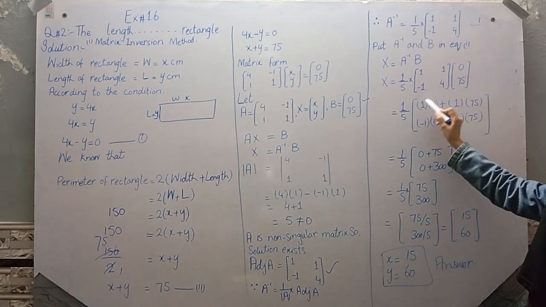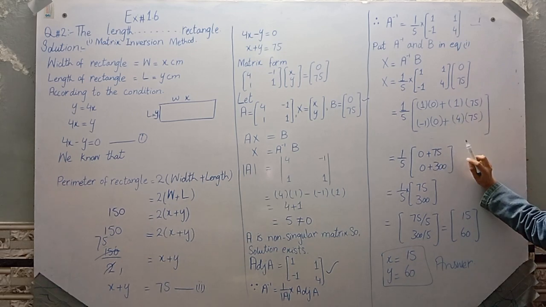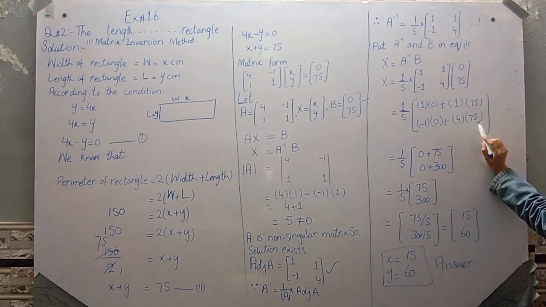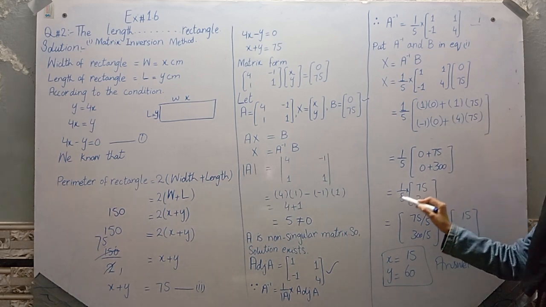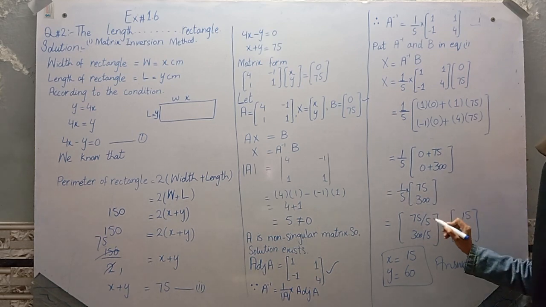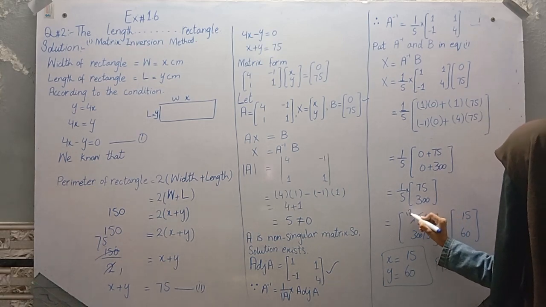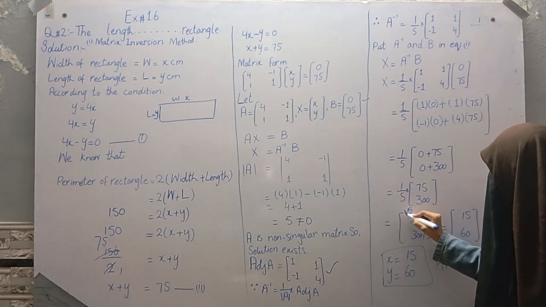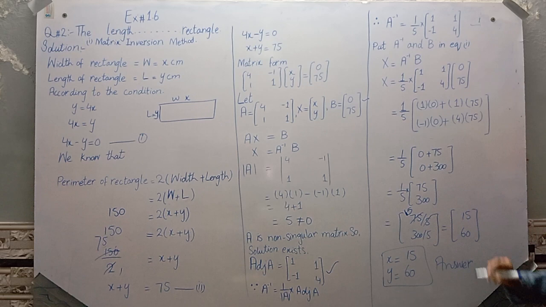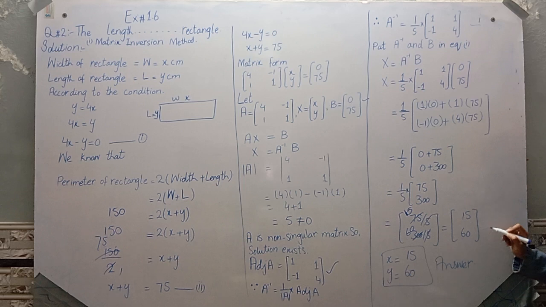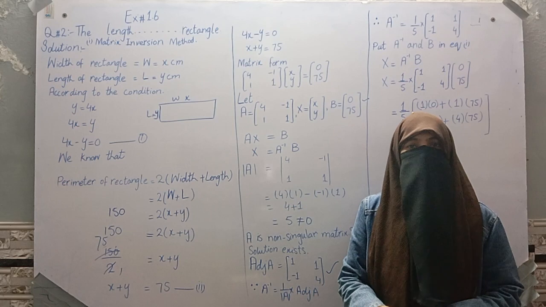Here you can see 0 plus 75 ones are 75, and minus 1 multiplied by 0 plus 4 multiplied by 75 is 300. Now 75 divided by 5 and 300 divided by 5. 5 ones are 5, 5 twos are 10, 5 fives are 25. Then 5 sixes are 30. So x is equal to 15 and y is equal to 60. I hope you understand it very well. Okay, Allah Hafiz.